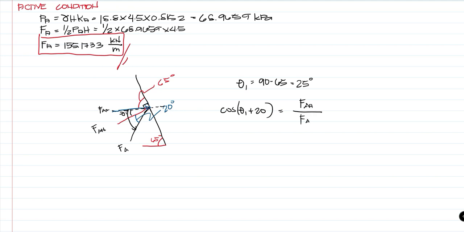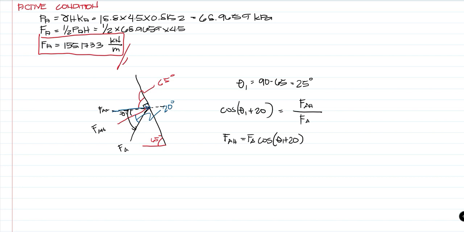So that will be equivalent now to an equation FAH is equal to FA cosine ng theta 1 plus 20.